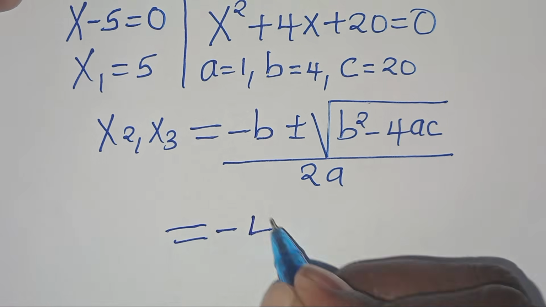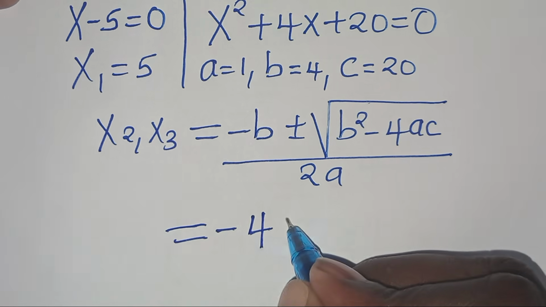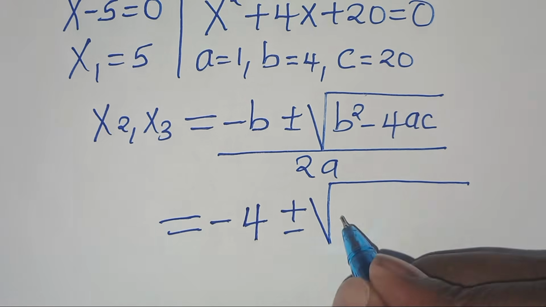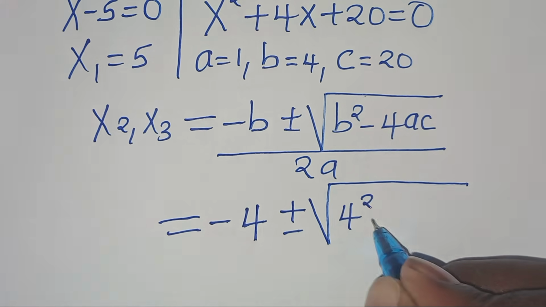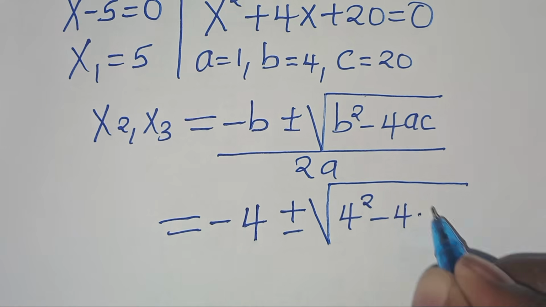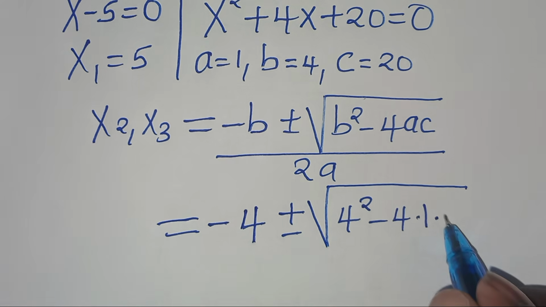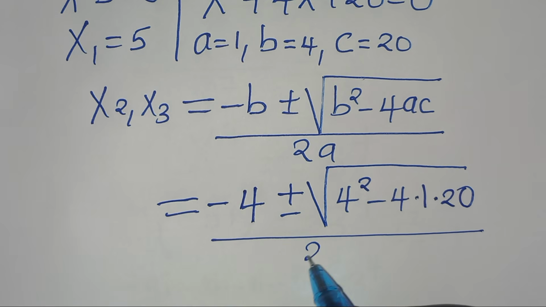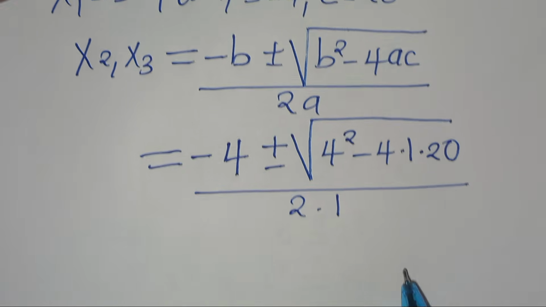minus b, which is 4, so we have minus 4 plus or minus the square root of 4 squared minus 4 times a, which is 1, then times c, which is equal to 20, then divided by 2 times a, which is 1.